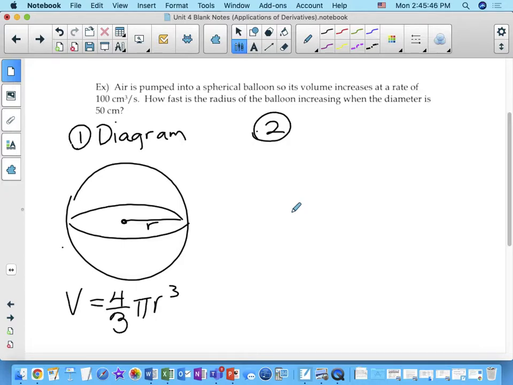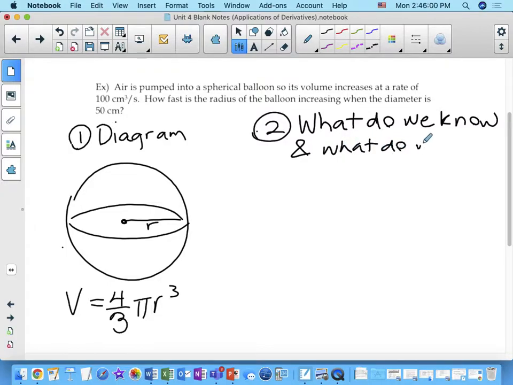So that is, actually I should write out the second step. What do we know? And what do we want to find out?